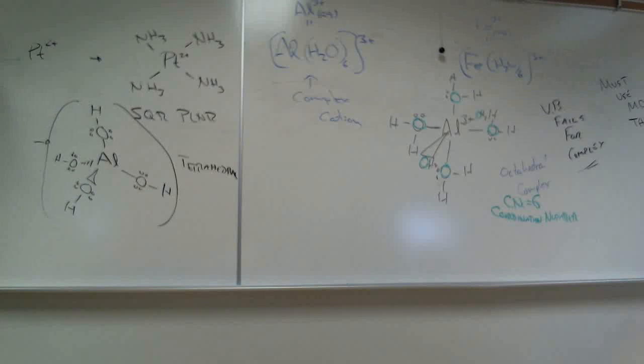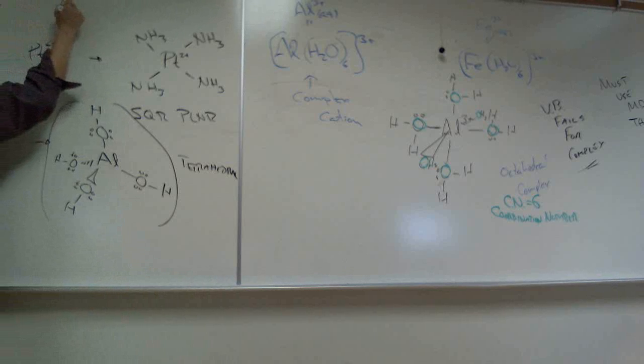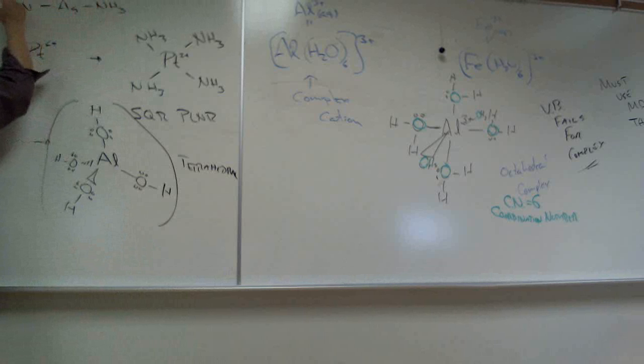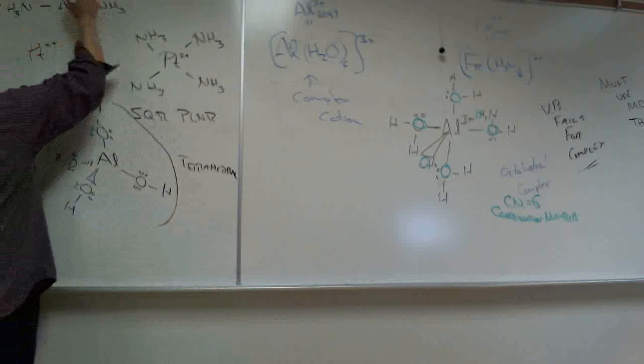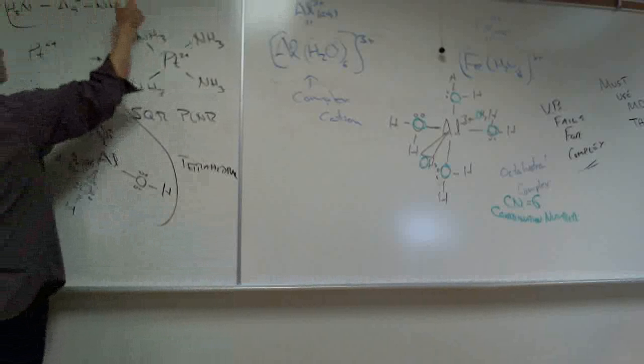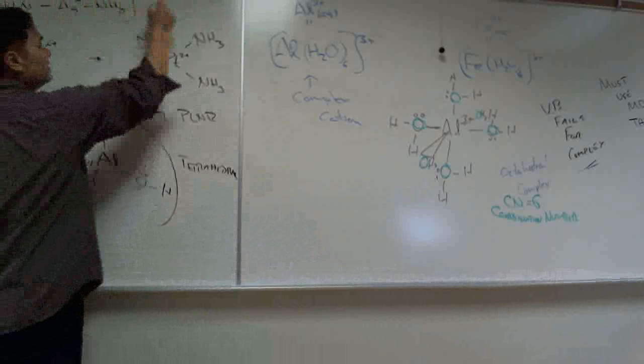Silver ions. Silver ions can get attacked by ammonia also. But only 2 will attack it. Remember, we retain the charge on this. We call ammonia neutral. This whole thing has a positive charge.